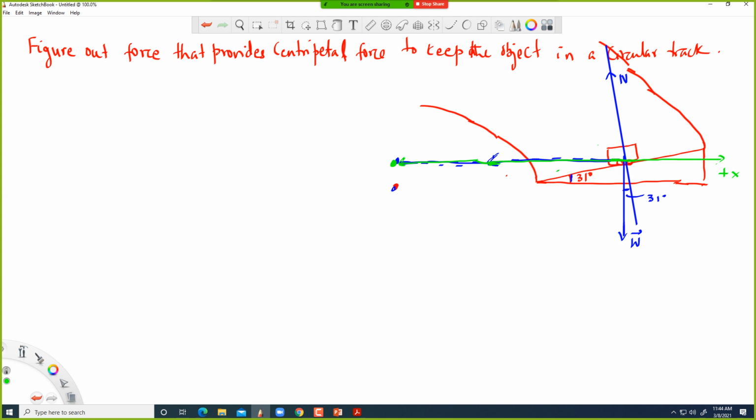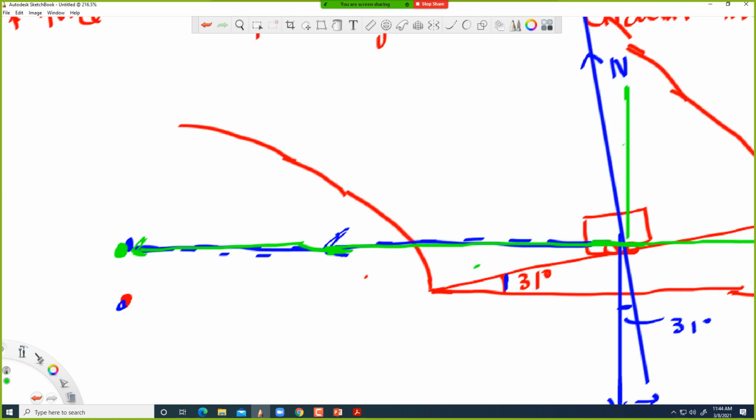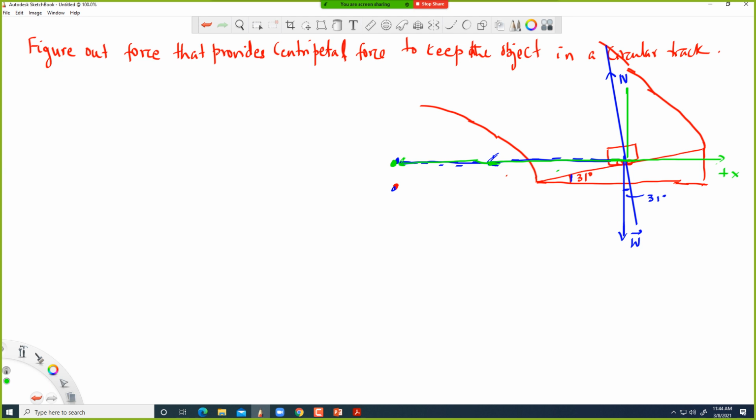We draw a line perpendicular to that. So that's our y-axis. So y-axis is along the width.